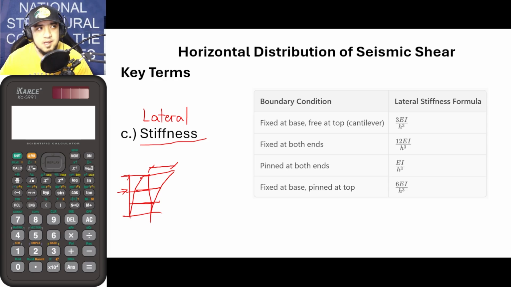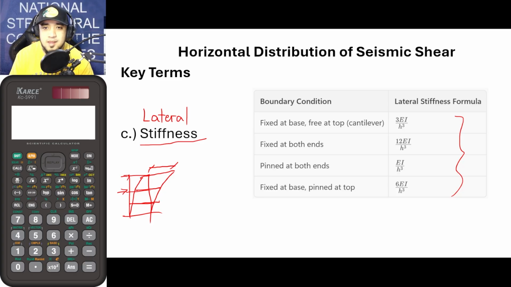So in some cases, the formula for the lateral stiffness for shear walls and that of the column would be different, especially if the shear wall is very big, in such a way that its lateral displacement is being countered by the shear force of the shear wall. And from that, we could not use these formulas any longer. So once again, in this video, we are only limited to these lateral stiffness formulas. This is only for columns, okay?